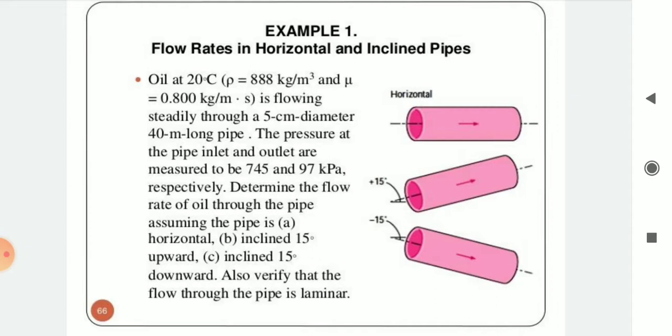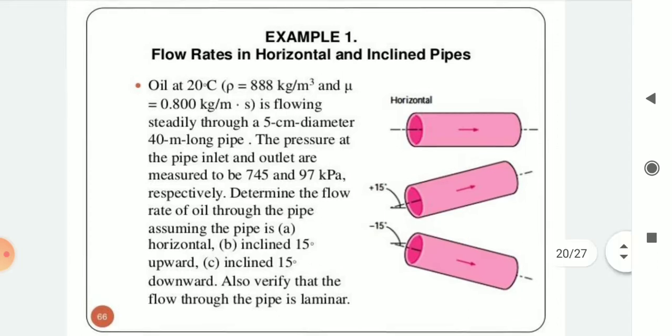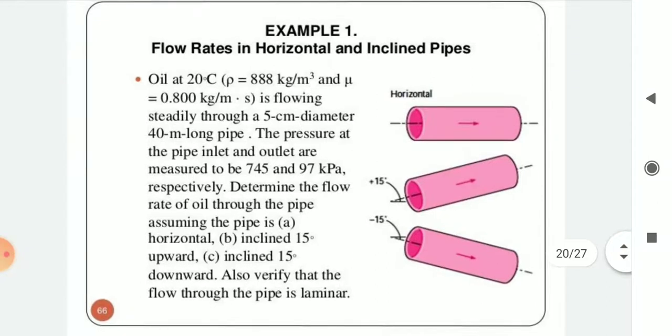Oil at 20 degrees centigrade, that is rho equal to 888 kg per meter cube and mu equal to 0.800 kg per meter second, is flowing steadily through a 5 centimeter diameter, 40 meter long pipe. The pressures at the pipe inlet and outlet are measured to be 745 and 97 kilopascal respectively.